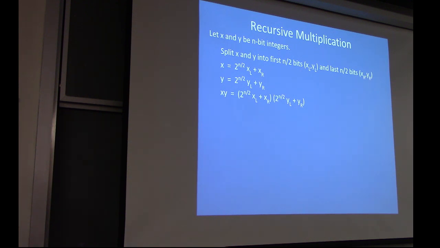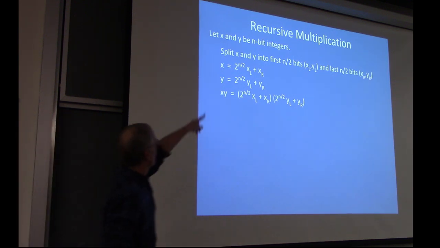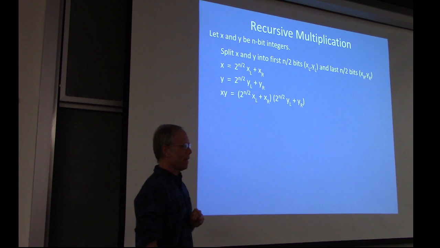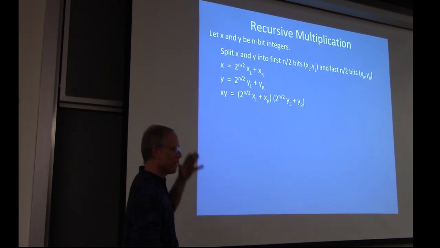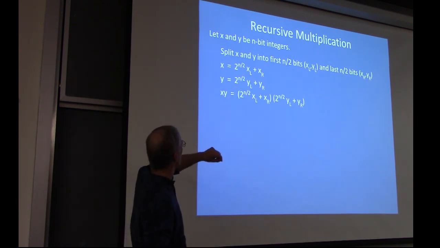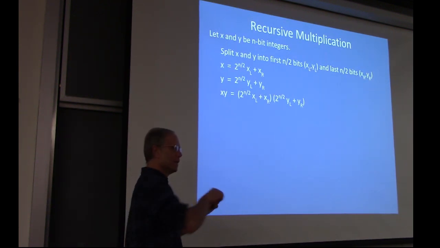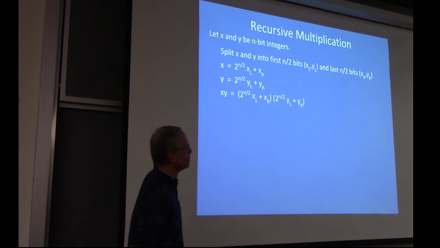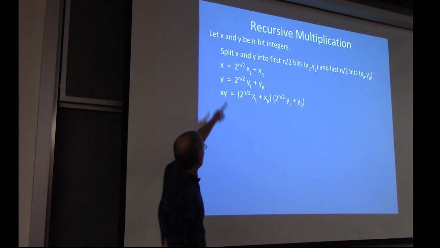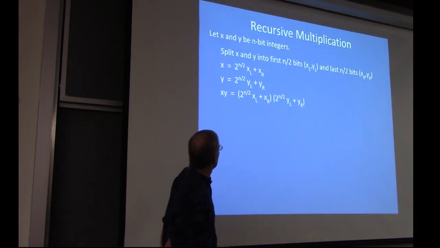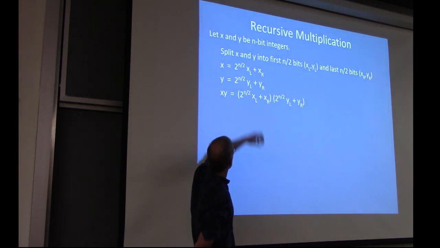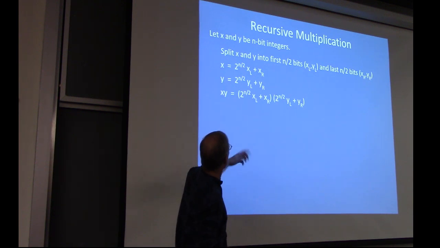Yeah, that's right. Okay, so we can recompose x from x_l and x_r by basically shifting x_l to the left by n over 2 bits, and then sticking x_r where we just did the shift. So x is 2 to the n over 2 times x_l plus x_r. y is 2 to the n over 2 times y_l plus y_r.